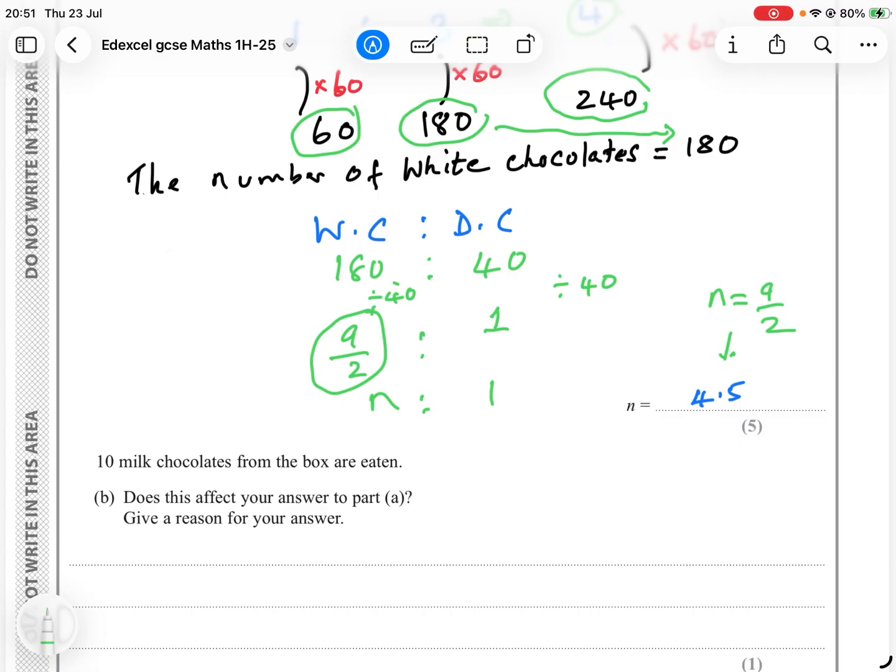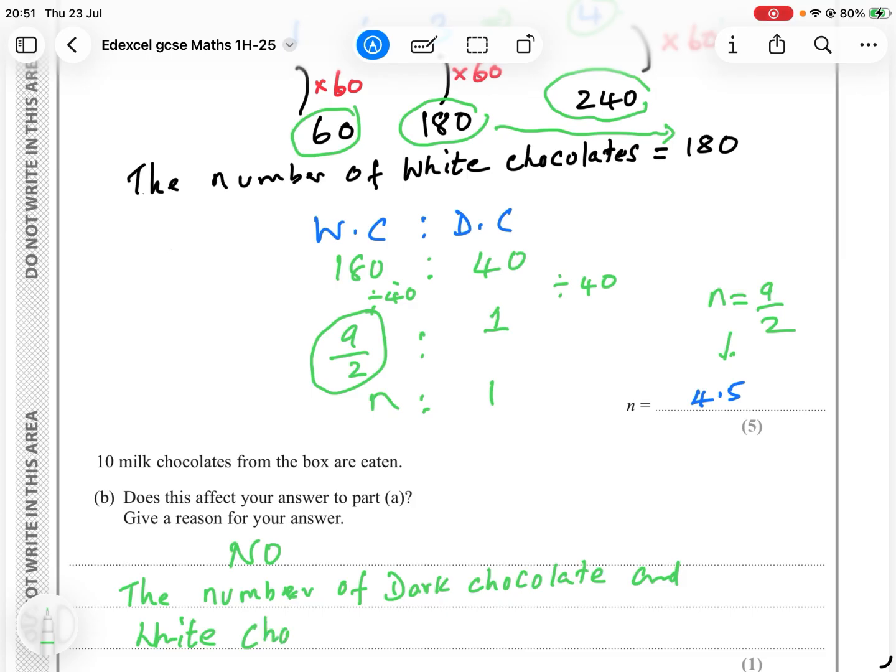No. Reason: the number of dark chocolate and white chocolate has not changed.